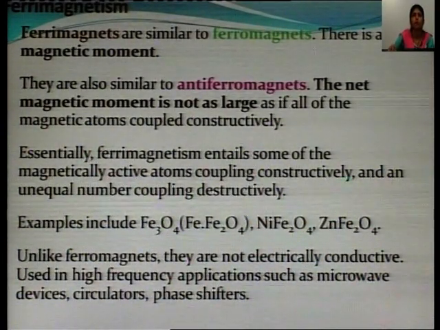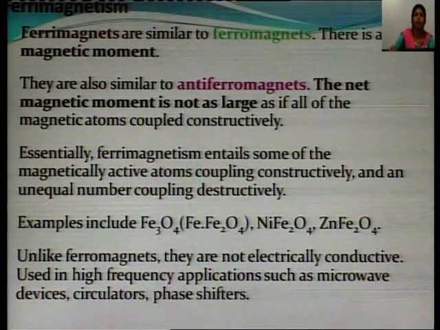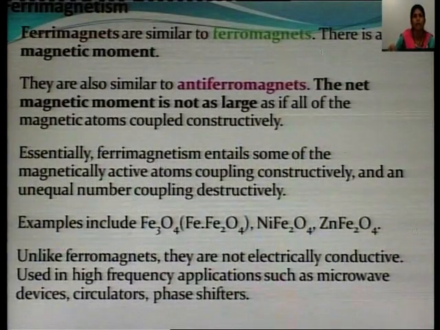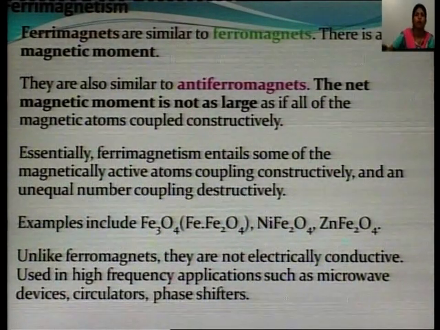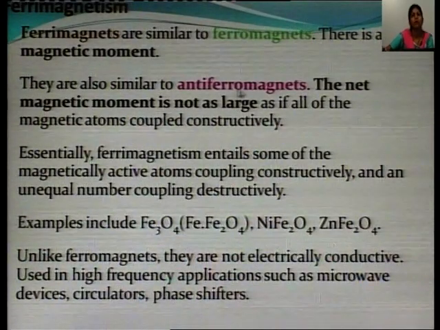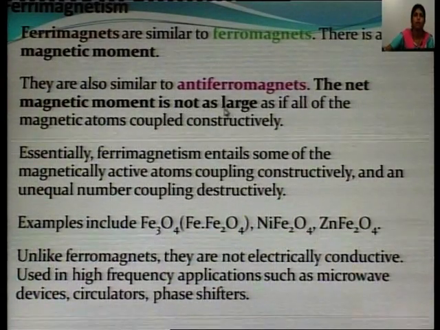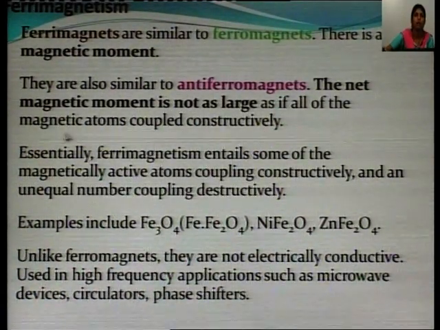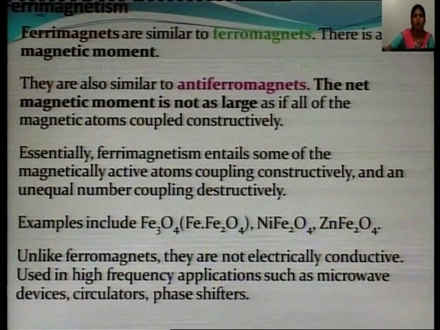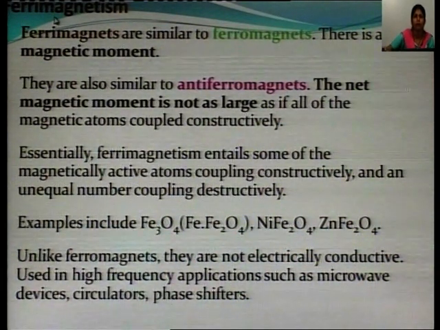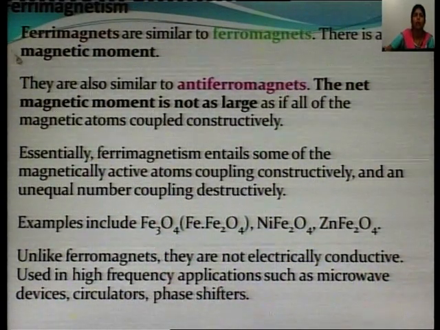For the antiferromagnetic, there is no net magnetic moment, and for the third, that is ferrimagnetism, there is a small net magnetic moment. So they are also similar to antiferromagnets because the net magnetic moment is not as large as if all the magnetic atoms coupled constructively. So for ferrimagnetism, the magnetic moment lies in between the ferro and antiferro.